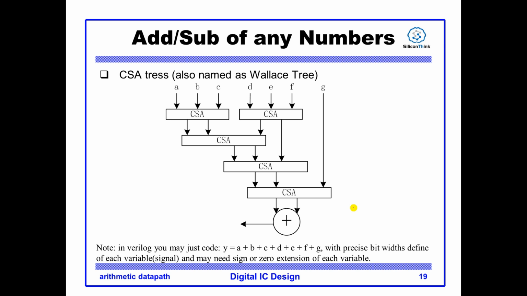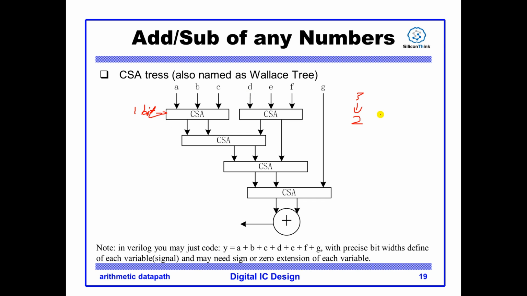Using this architecture, you can figure out the architecture for adding many numbers. You can use this 3-to-2 architecture and cascade them up. All of these one-bit full adders operate in parallel.